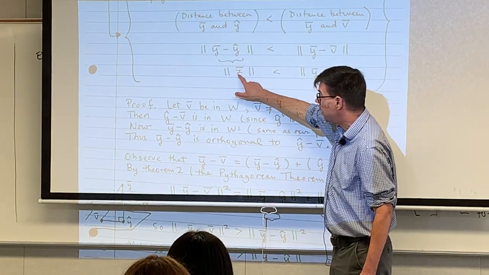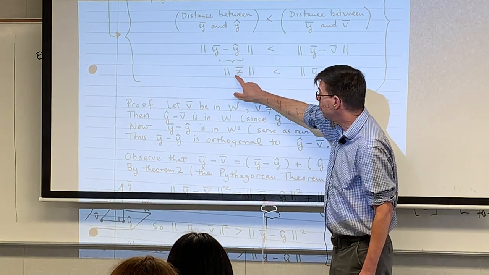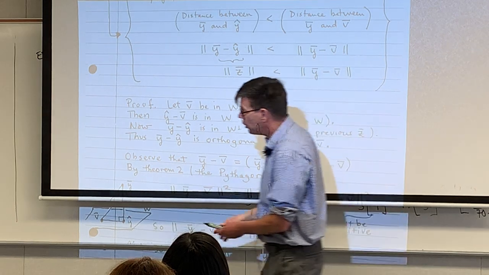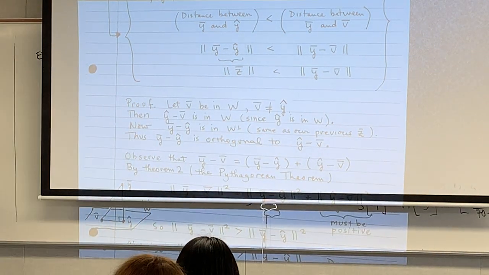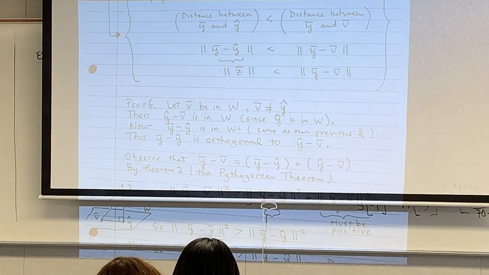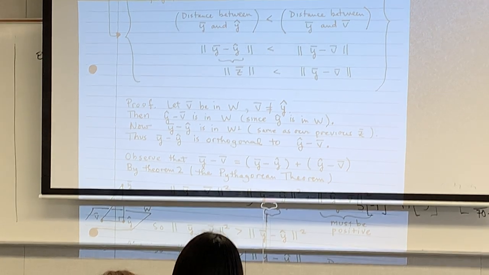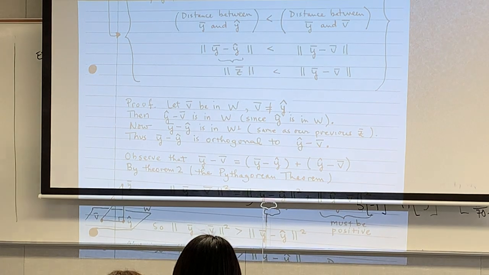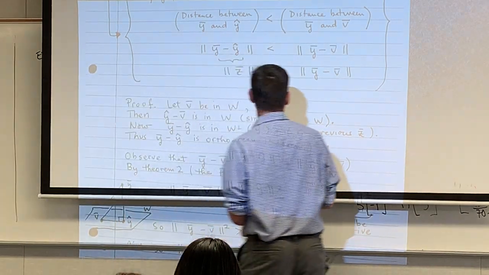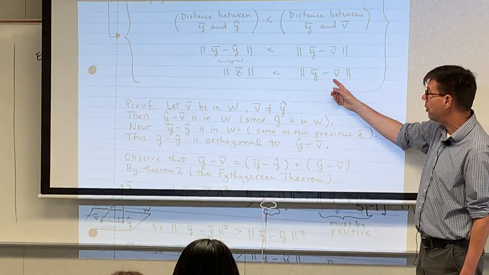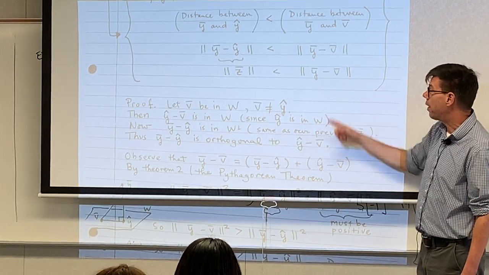That's the same thing as our z vector, so you could think of it as just the length of the z vector. You can imagine a copy of the z arrow pointing upward in that position. And so the length of z is always less than the length of y minus V.